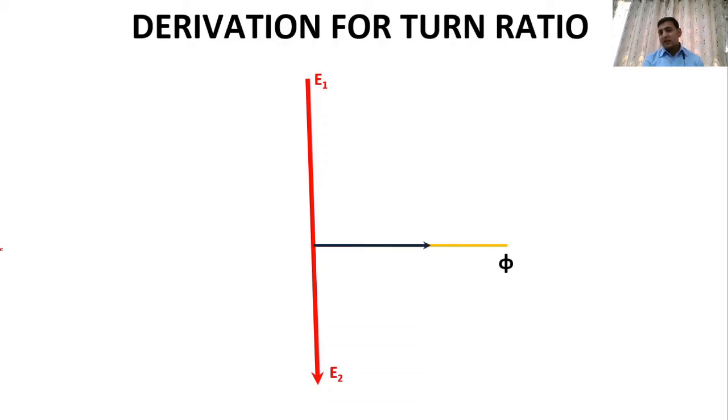IC, the core loss current, is at 90 degrees with our core flux, but in phase with E1, while the magnetizing current is in the same phase as our core flux. These two components make the equivalent current, which is the no load current represented in our equivalent circuit diagram.